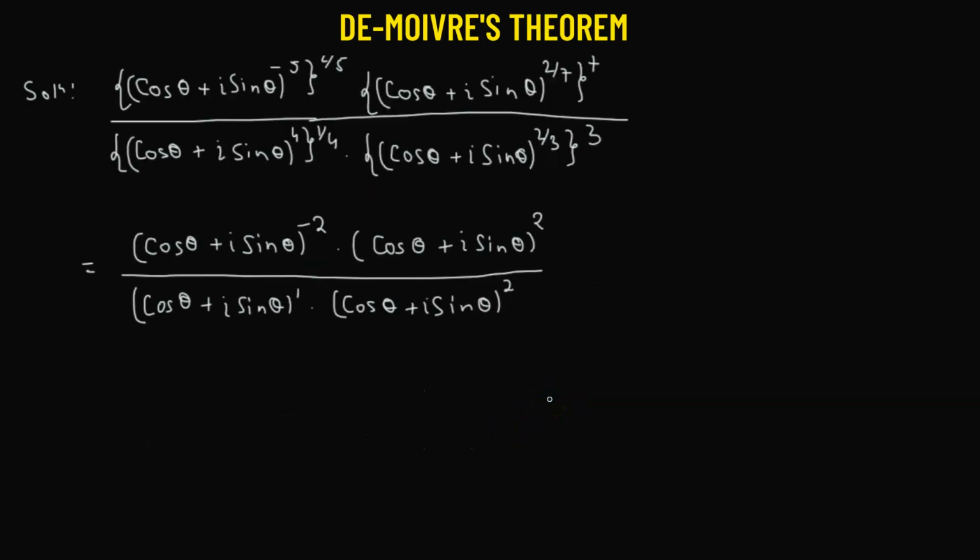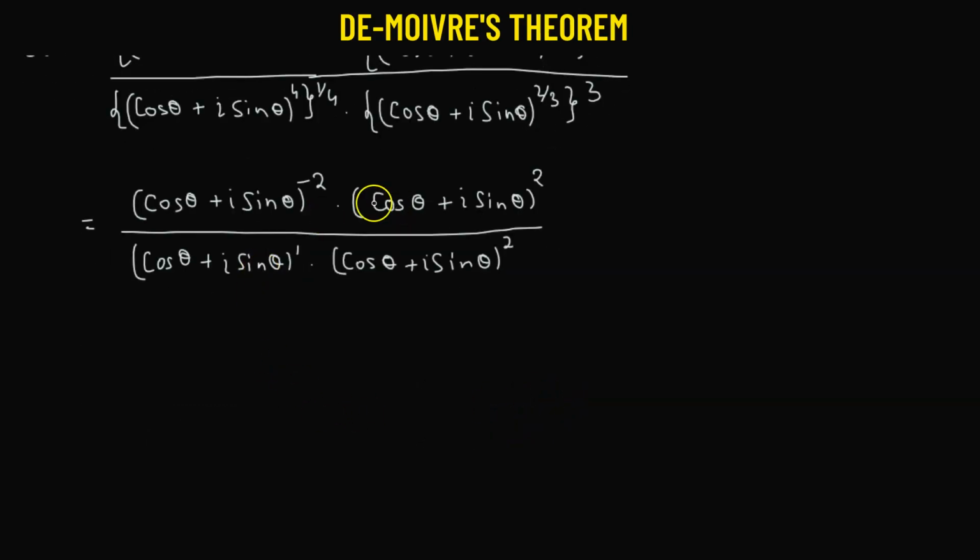So now we will combine the expressions. In the numerator, we have negative 2 and positive 2 here. So let's write it down here: cosine of theta plus iota times sine theta whole raised to the power of negative 2 plus 2.